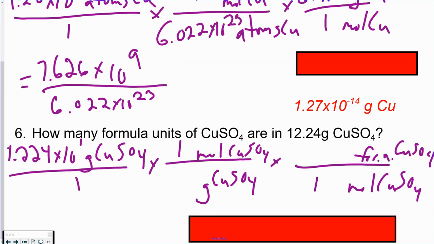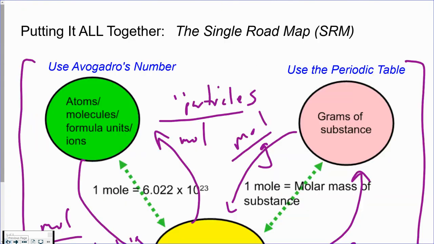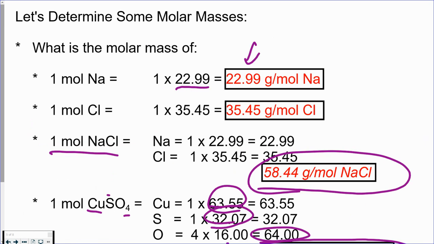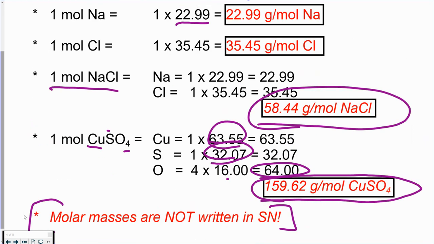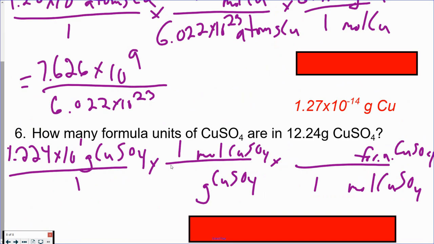Moles get 1. If we go back, we have that molar mass in our notes right there, 159.62. And then this is Avogadro's number. That's a 3.